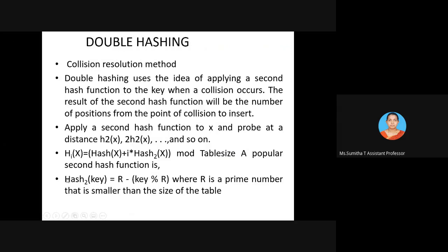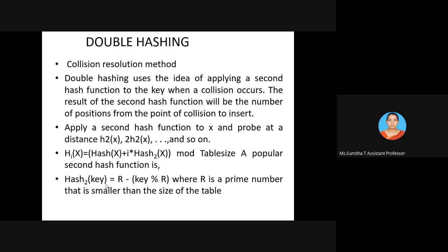This is the second hash function: hash2 of key equals r minus (key mod r). Okay, this is the formula. We already know the first hash function. What is the formula for finding the hash key?